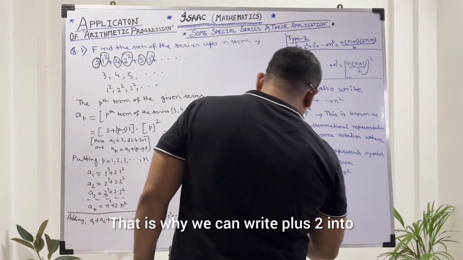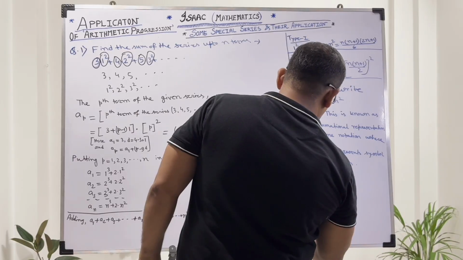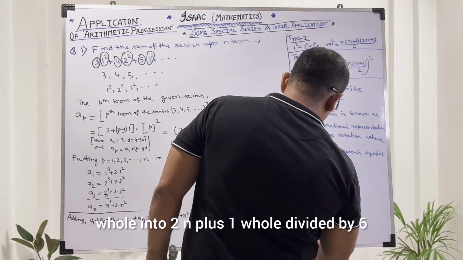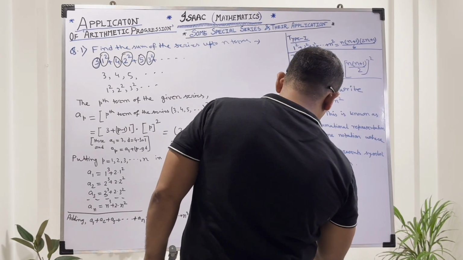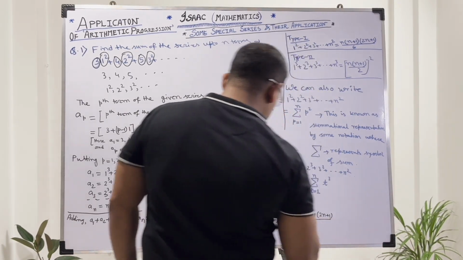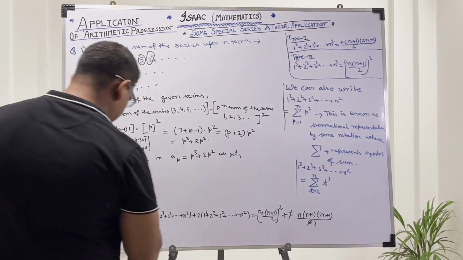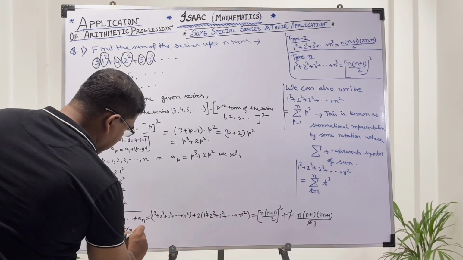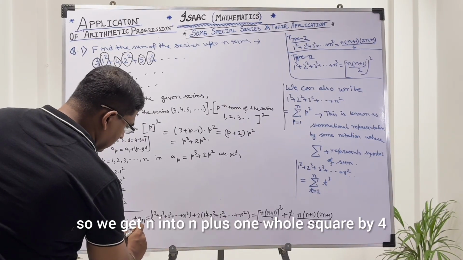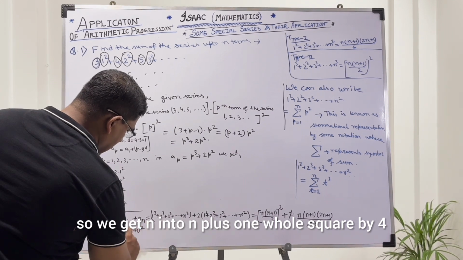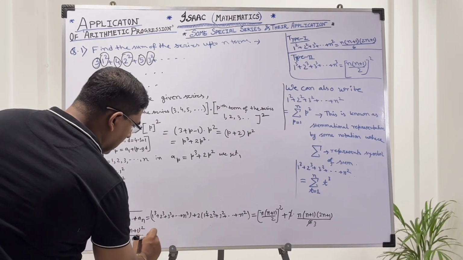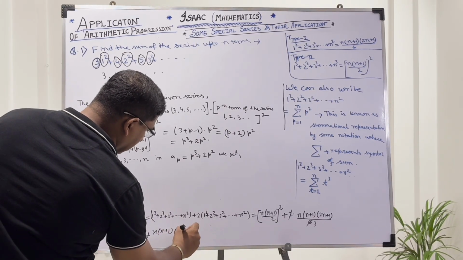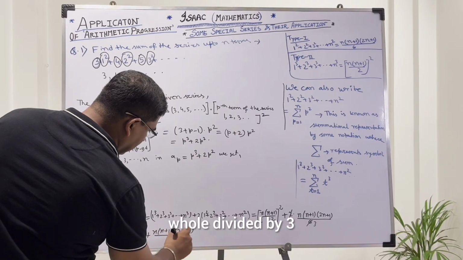That is why we can write plus 2 into (n plus 1) whole into (2n plus 1) whole divided by 6. Cancelling this, we get n into (n plus 1) whole square by 4 plus n into (n plus 1) whole into (2n plus 1) whole divided by 3.